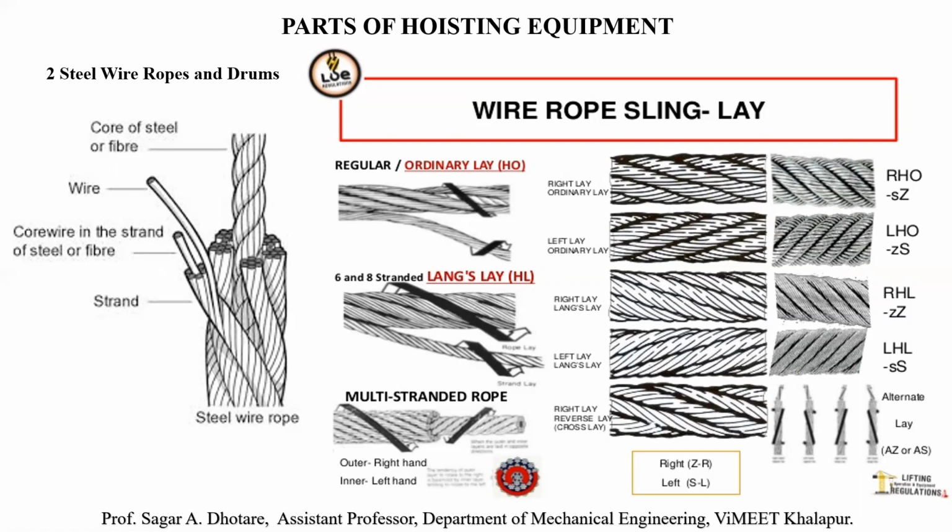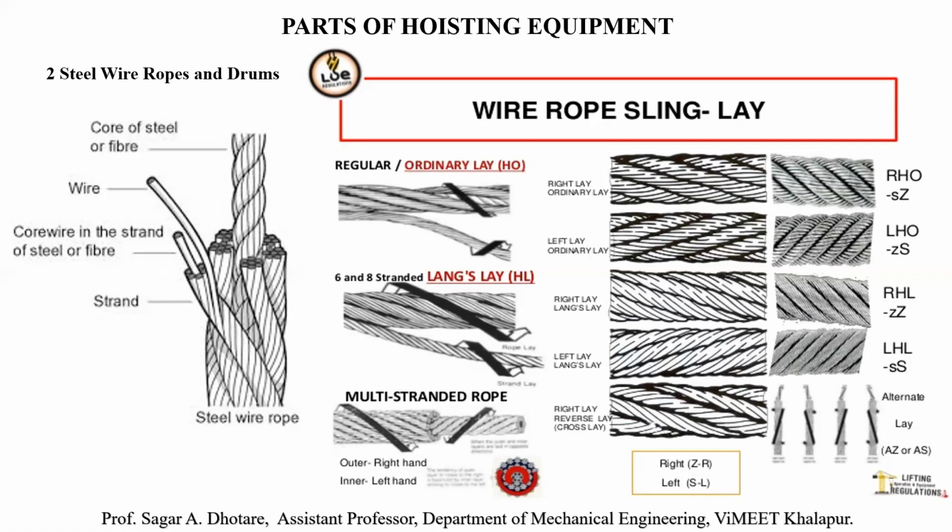About the lays: ropes formed from the strands are known as double lay ropes. They are most popularly used in hoisting machineries. What are the different lays? First, cross or regular lay, as shown in the figure.